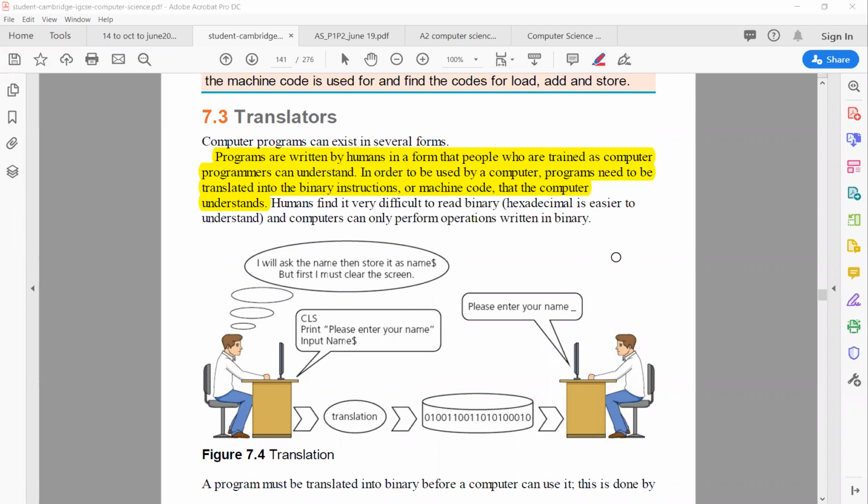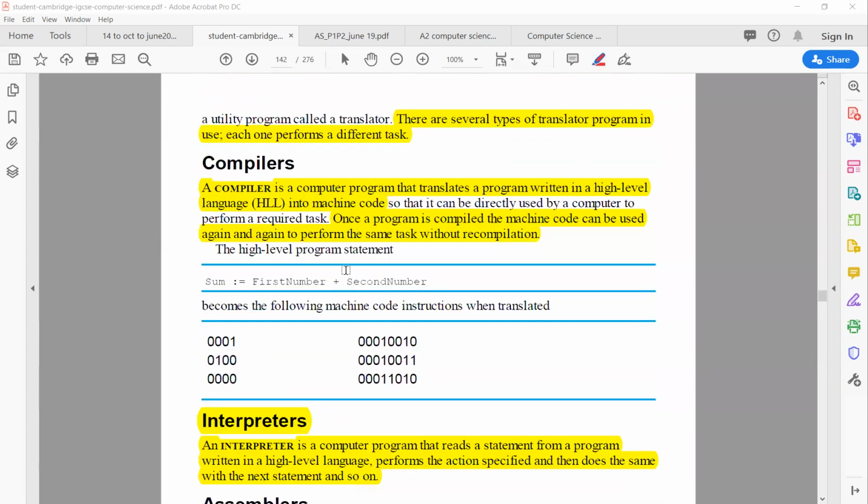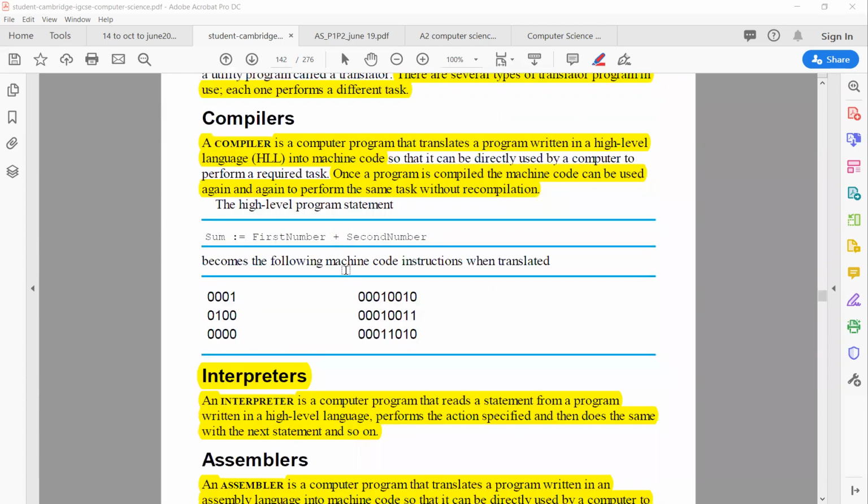So translators are the software used to translate the code written in a high level language or assembly language into the machine language. Let's see how many types of translators we use. We have 3 types of translators: the compiler, interpreter, and assembler.